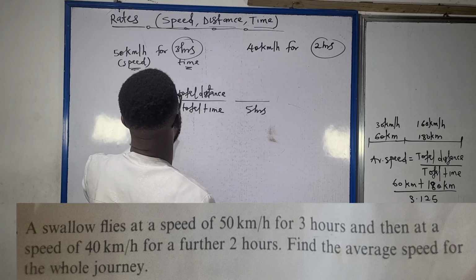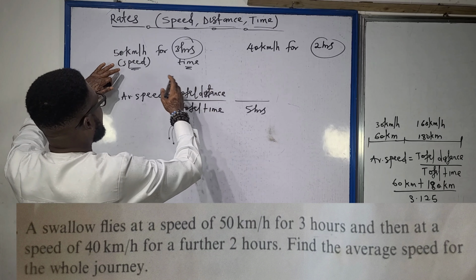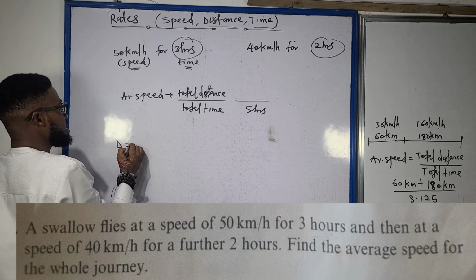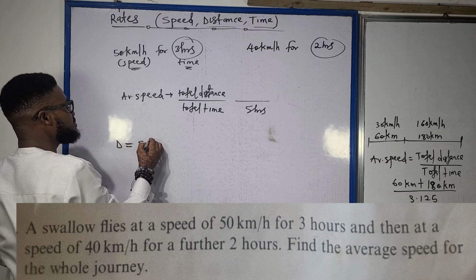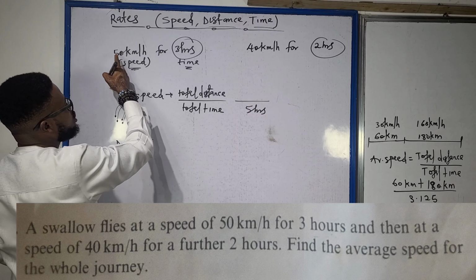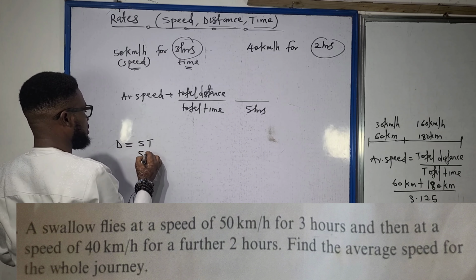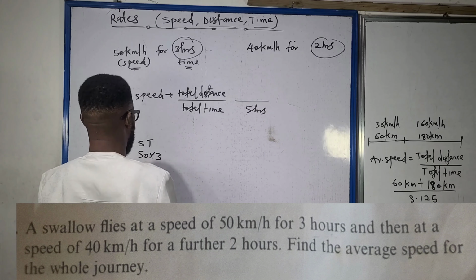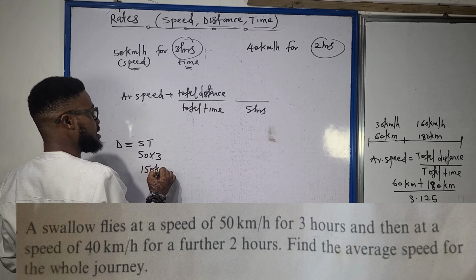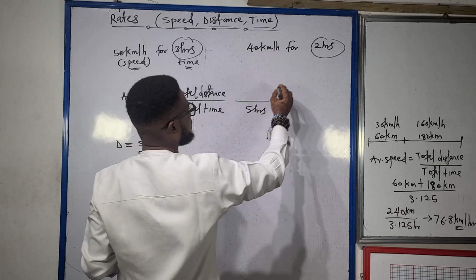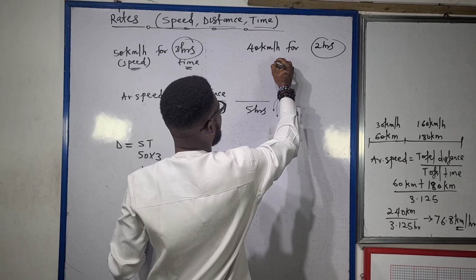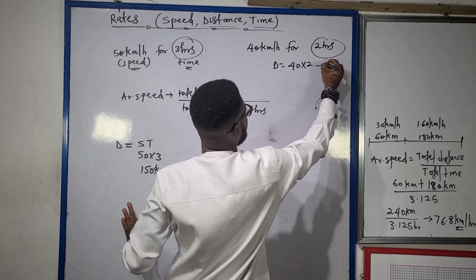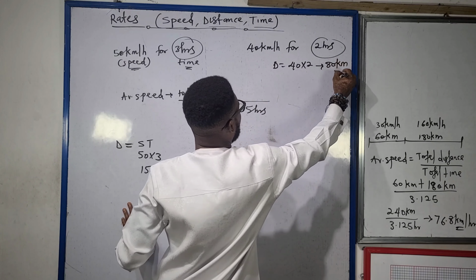Okay, we're looking at the total distance. Of course, we were not given distance, but we're given speed. But we know that distance equals speed times time. So this is going to be 50 times 3 for this part of the journey, and that's 150 kilometers. And the distance here is going to be 40 times 2, that's going to be 80 kilometers.